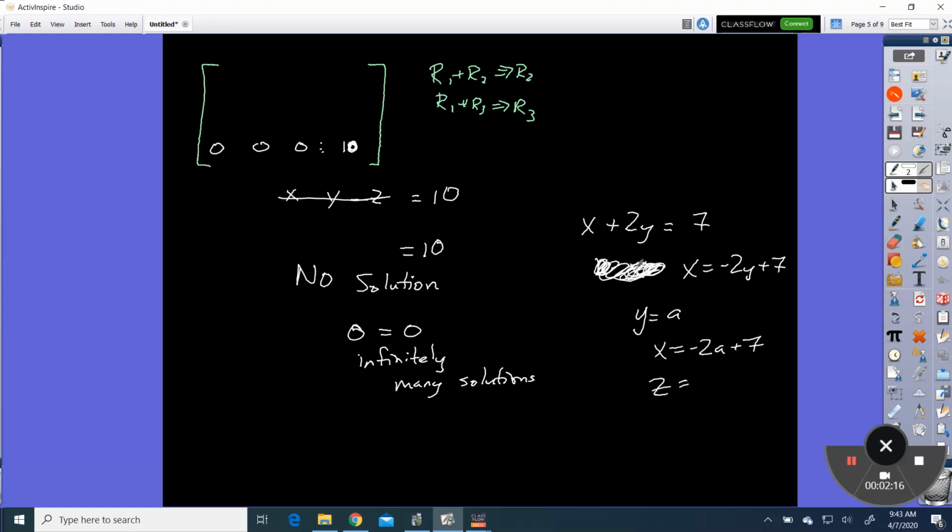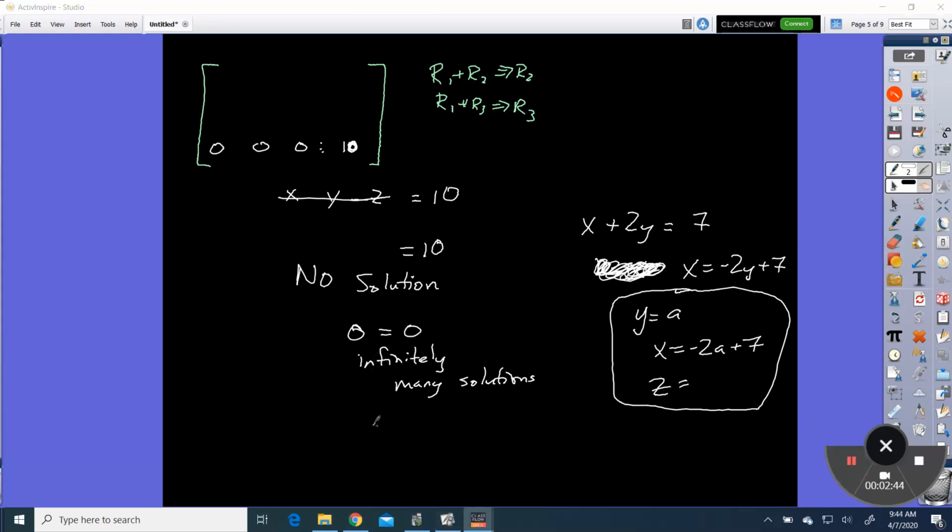So anyways, this a shows how they're all related. When you plug in a 1 for a, you get what these three numbers could be. When you plug in a 2 for a, you get what the next three numbers could be. So this is the more correct way to write it when you have infinitely many solutions, is that you would write a's in there. Anyways, that's important to know.